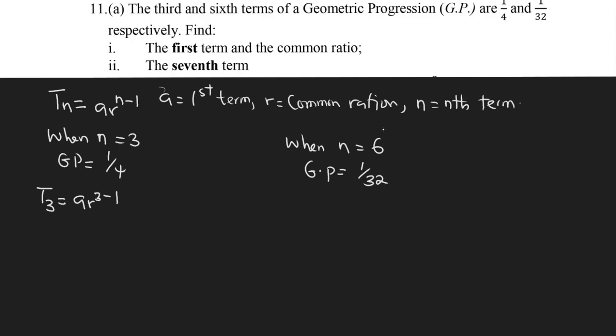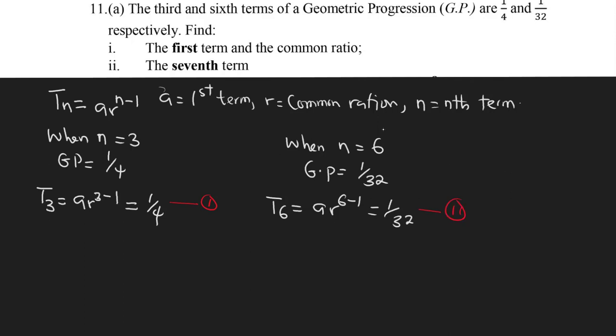Then when n is 6, T6 is equal to a r raised to 6 minus 1, which is equal to 1 over 32. So this will be our equation 1 and this will be our equation 2.